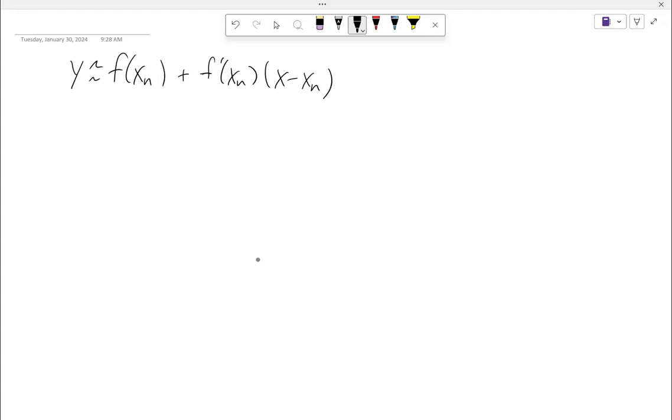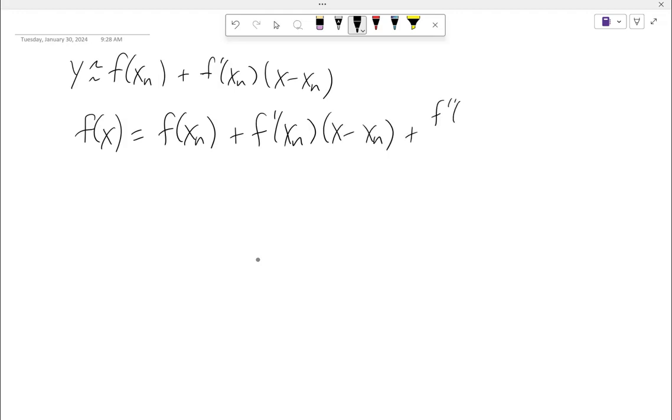Now, one of the things that you learn, either in Calc 2 or Calc 3, depending on when you've talked about Taylor series, is that when you have a Taylor series, we can write our function centered at a particular point as f of x sub n plus f prime of x sub n times x minus x sub n, and then second derivative over 2 factorial times x minus x sub n squared, and you continue, right?